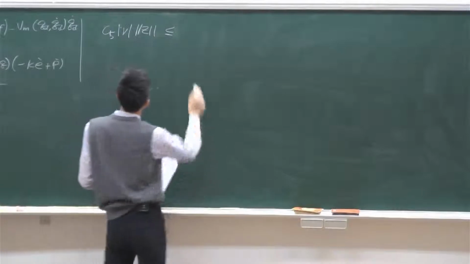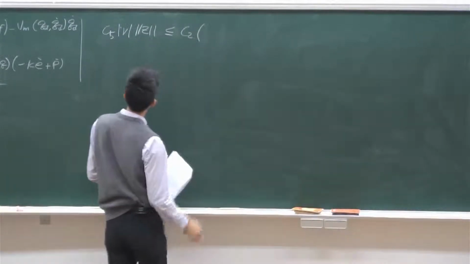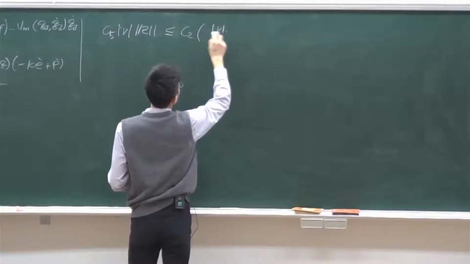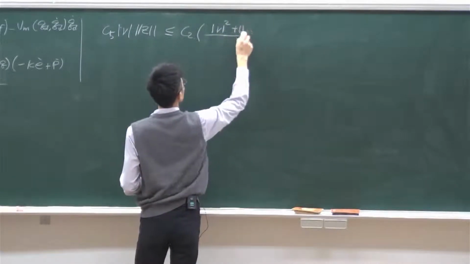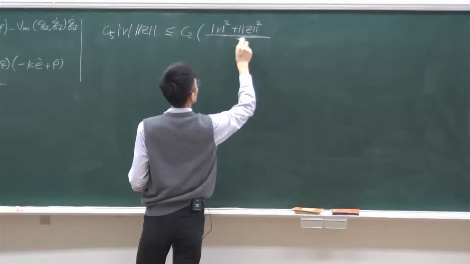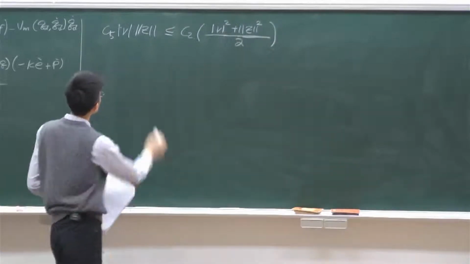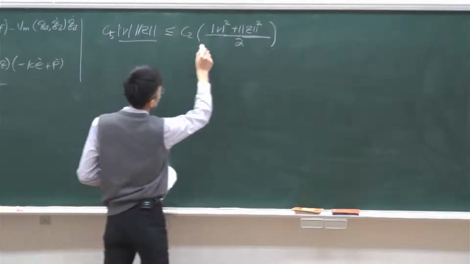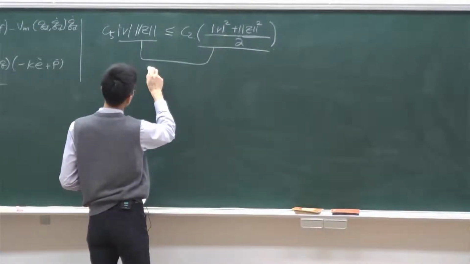This can be upper bounded by C5 times R square plus Z naught square, okay, divided by 2. Okay, so this upper bound by this, we call it Young's inequality.